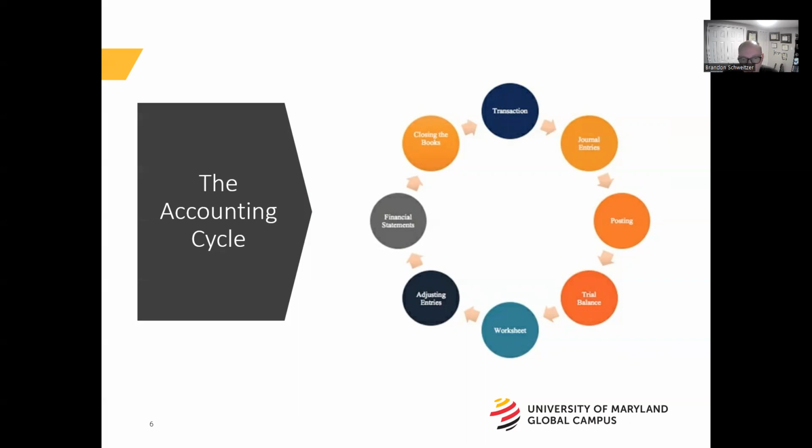And then, of course, after we've made our adjusting entries, we would then prepare our financial statements. Income statement, balance sheet, statement of cash flow, statement of retained earnings. And then the very last step of the accounting cycle, as you know, is closing the books. What do we mean by that?